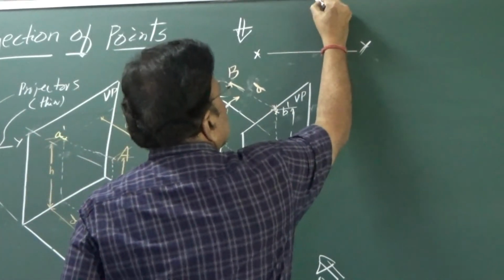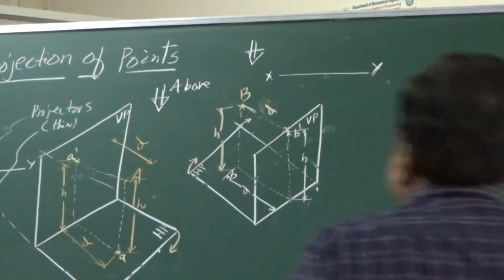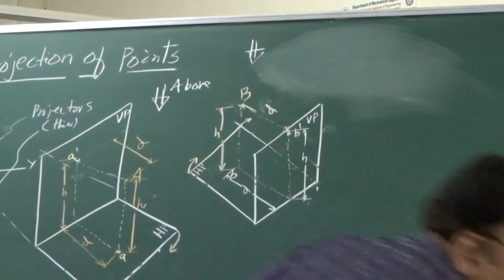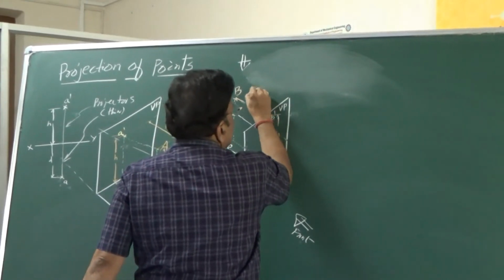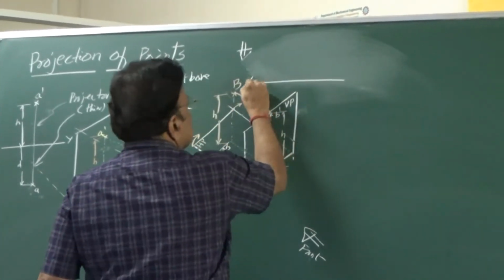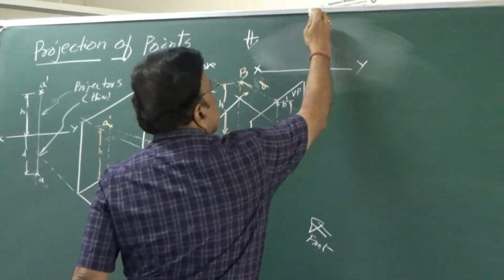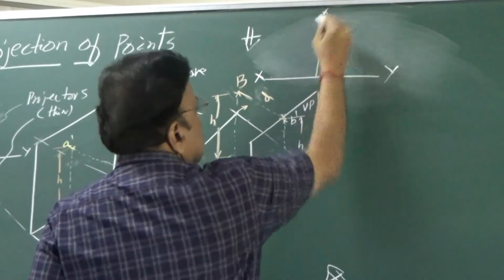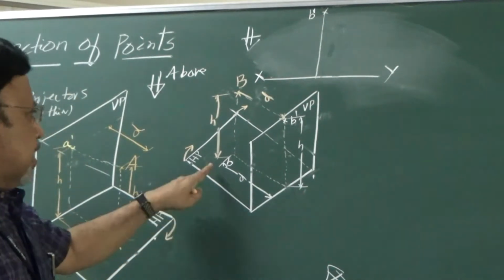So let us say H is somewhere here. I will take H distance here, again a light line, remember. So this point is B dash.